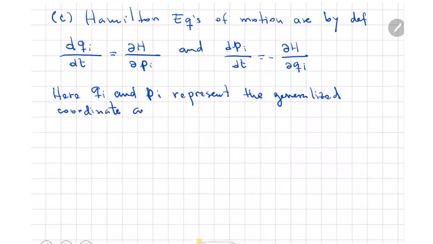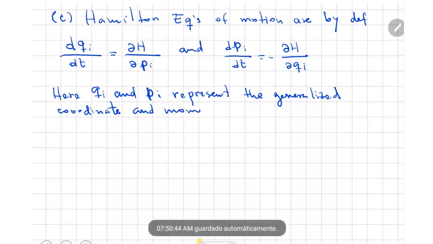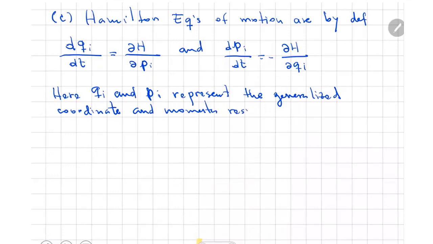Well, if we start finding the Hamilton's equations of motion for the first coordinate, in this case the first coordinate is the radial, so we start solving the equations for the radial.